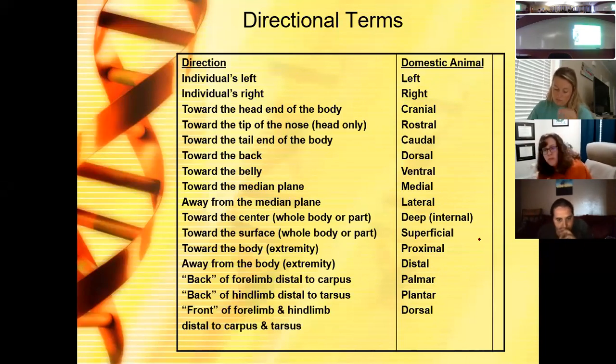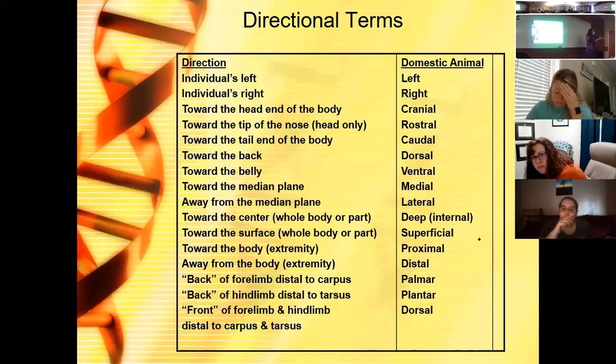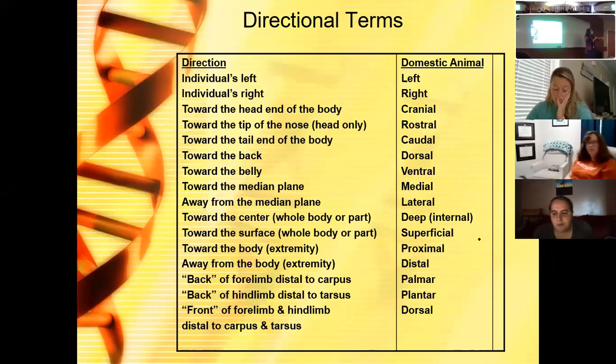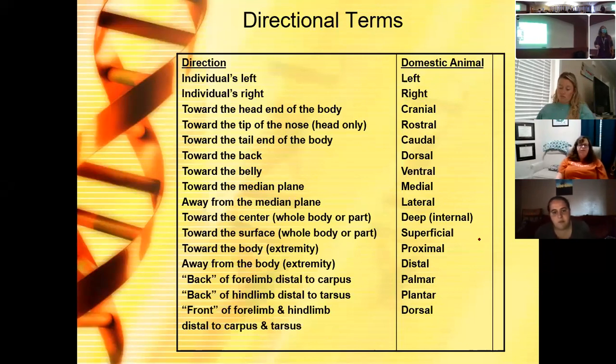That's a deep wound. Versus superficial, which is just going to be here just on the surface, not exceeding the dermis and epidermis. So really anything that goes past the dermis would be considered deep. Anything that is maintained on the dermis would be superficial.